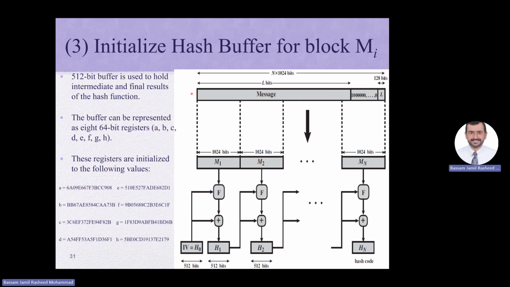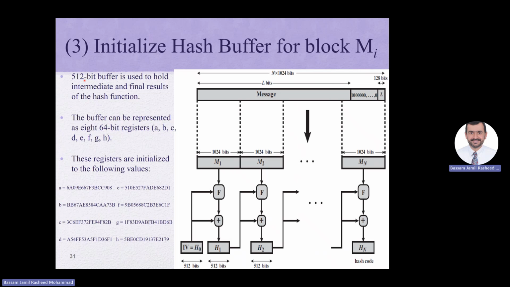Before we start the algorithm, we have this 512-bit buffer that will continue with me from stage to stage. We split this 512 buffer into 8 registers, and every register is 64-bit, and we will call them A, B, C, D, E, F, G, H. If you multiply 8 times 64, you get 512.